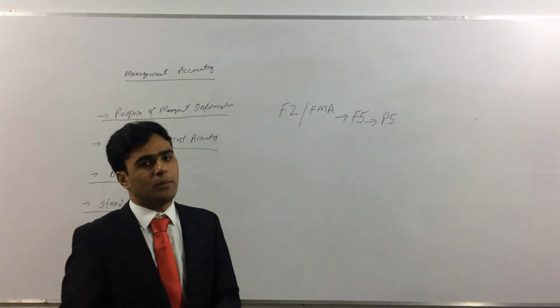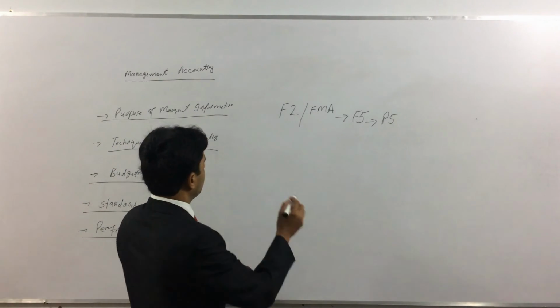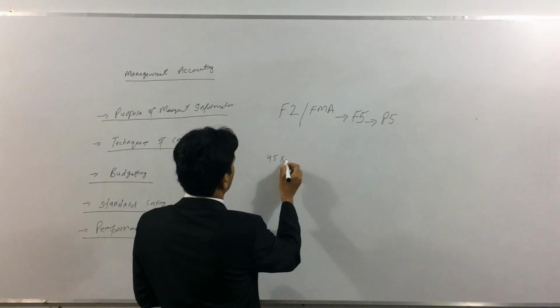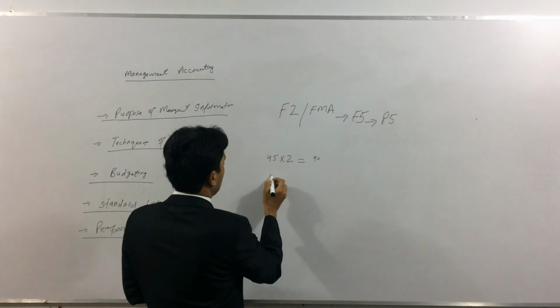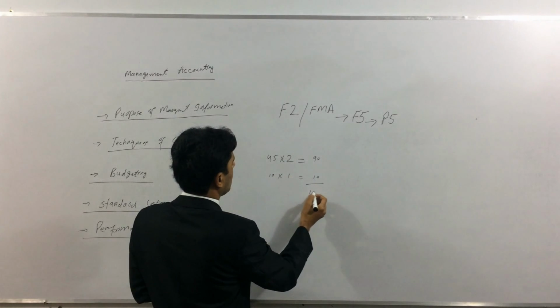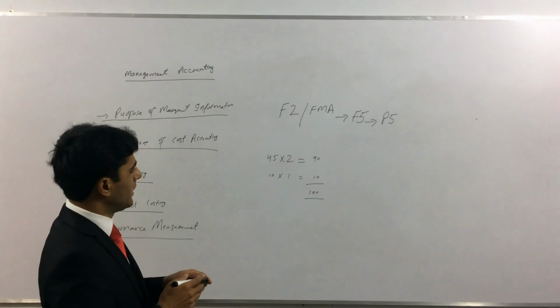Even if you choose CBE or PBE, the structure of the exam is exactly the same. So there are 45 questions, 2 marks each. It comes to 90 marks, and 10 questions, 1 mark each, and altogether 100 marks. Right? This is the structure of the exam.